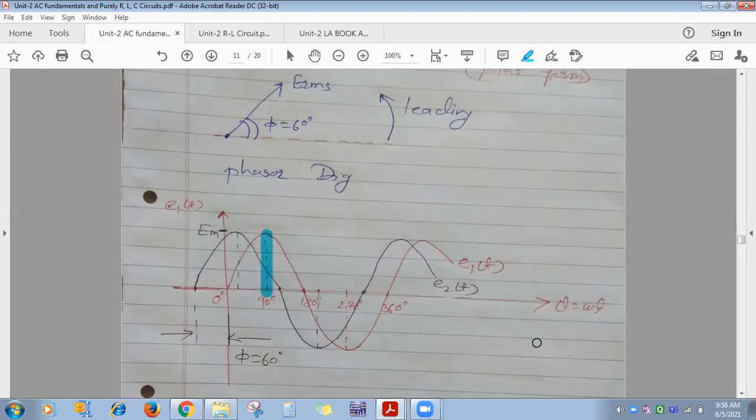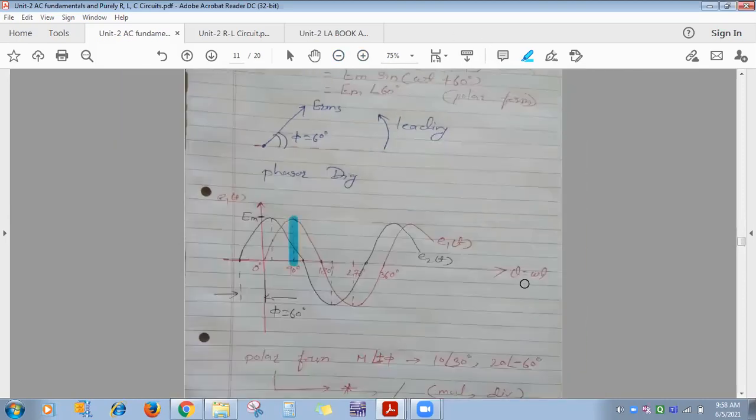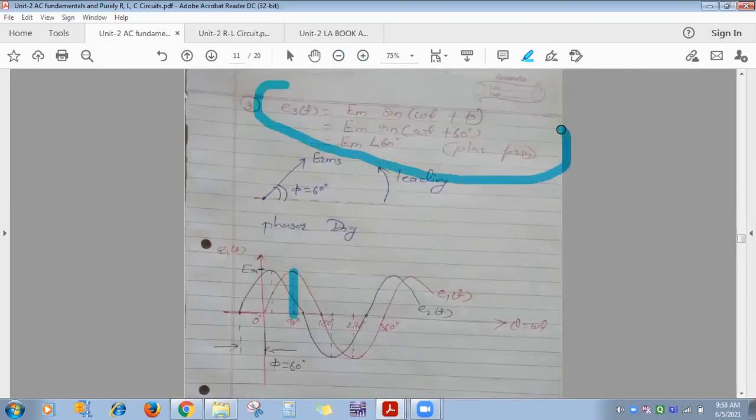Its first positive peak will occur at what degree? The phase difference in both is 60 degree. See, E3T is plus 60 degree, E1T is EM sin of omega t, E1T's first positive peak happens at 90 degree. Yes, at 30 degree, right.